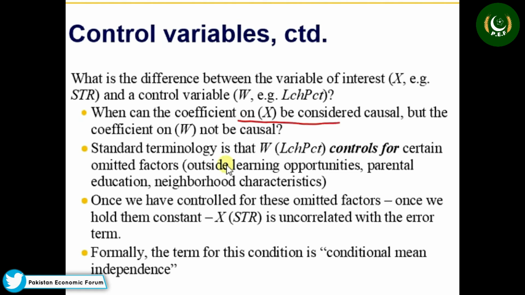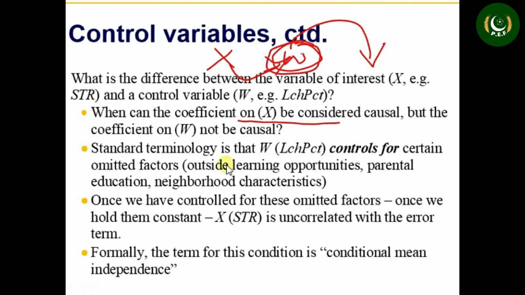when it is independent of U. But why do we need to include W? If it is not included, then W is an omitted variable. W is linked with U and X. So if you do not include W in your regression, then X will not be exogenous.